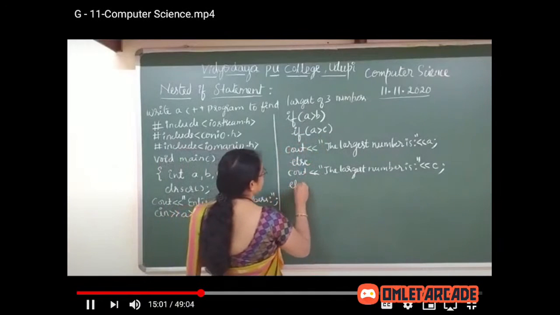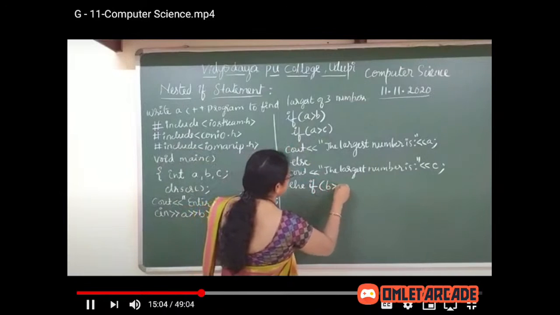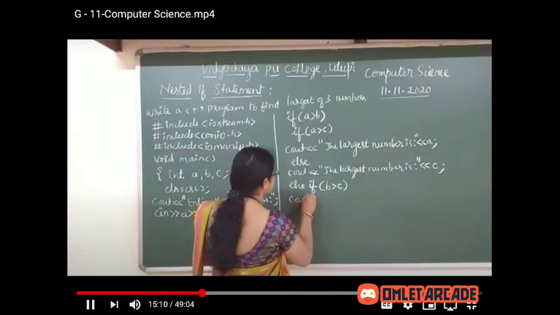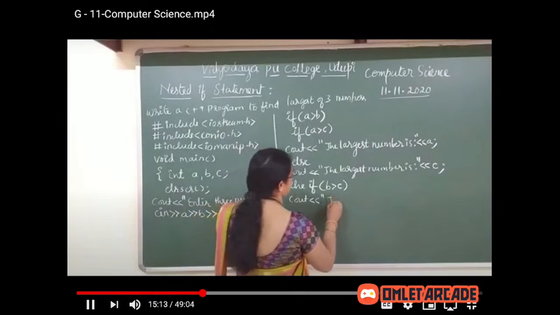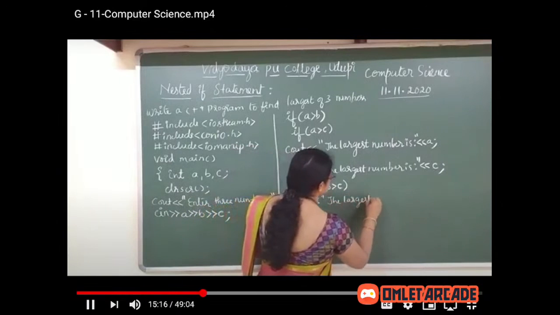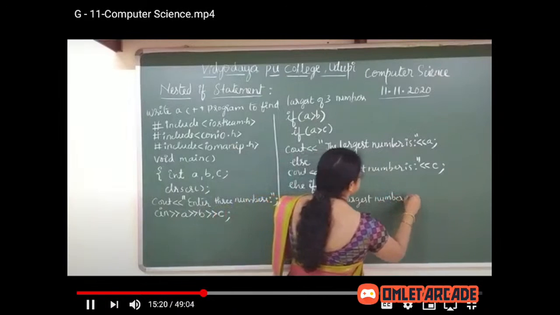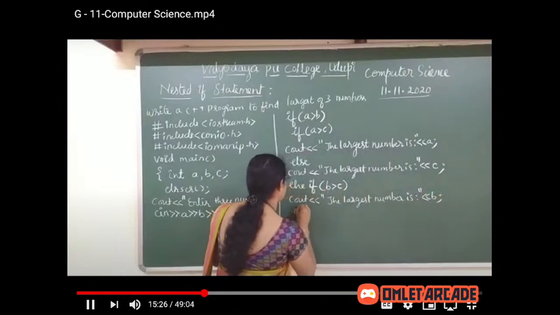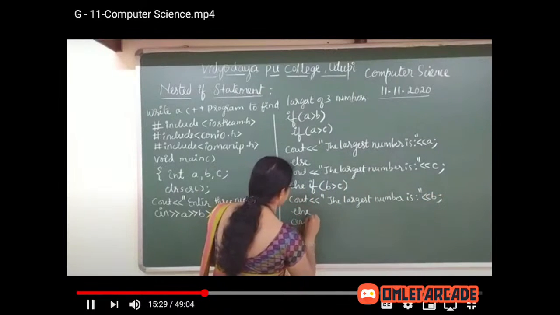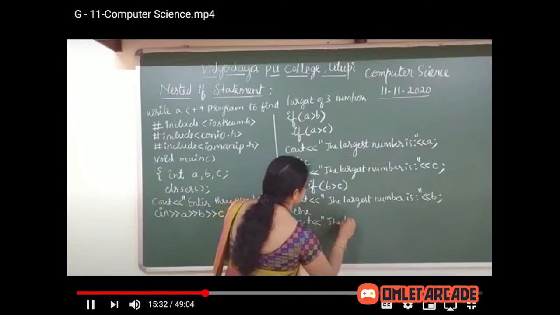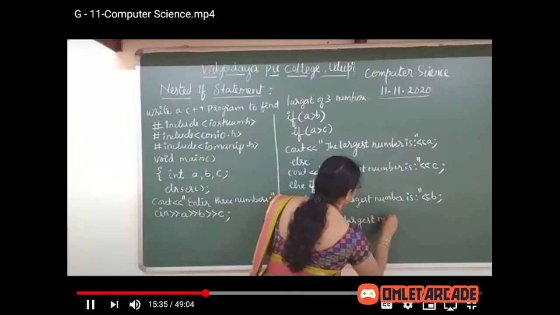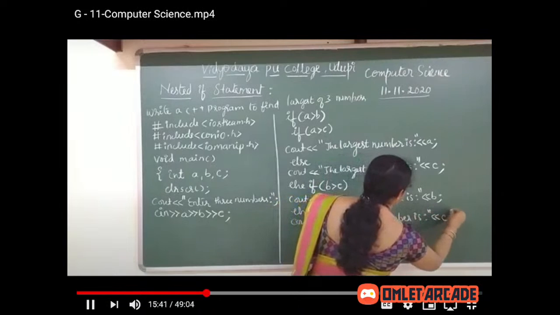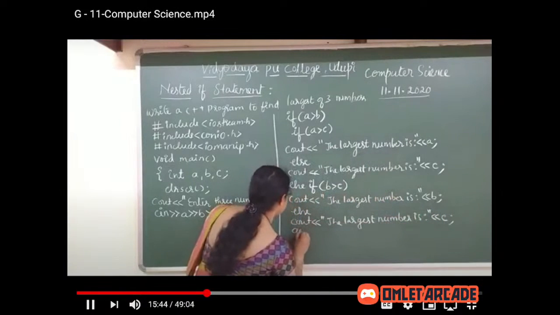Now else if b greater than c, then cout the largest number is b, else cout largest number is c.